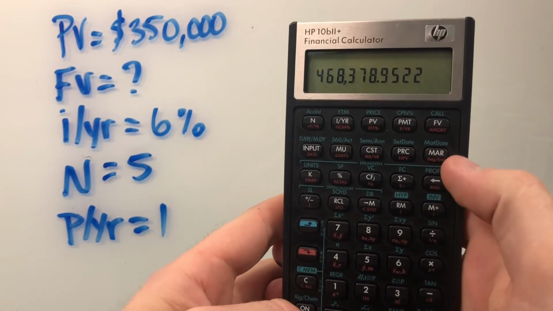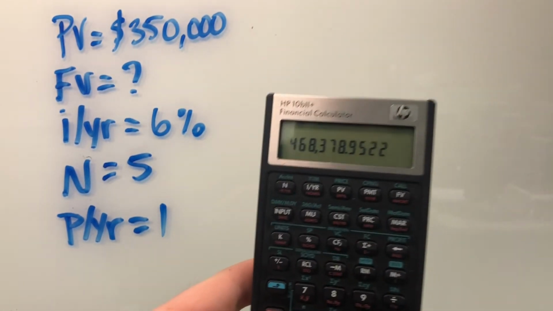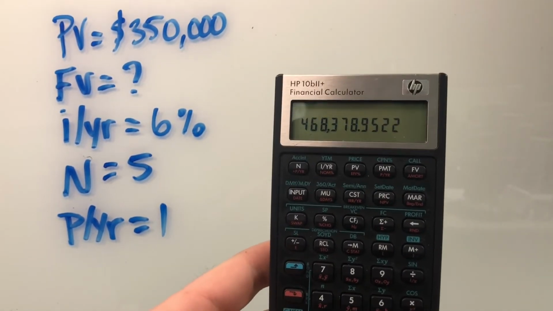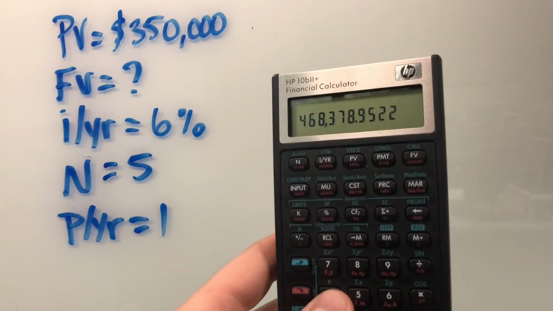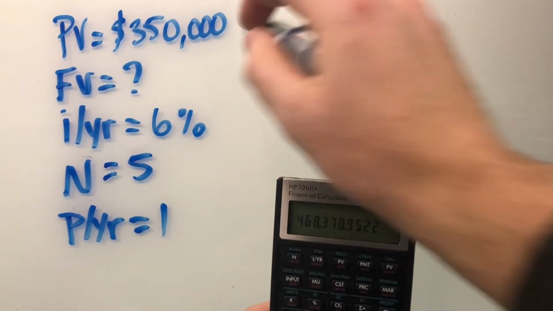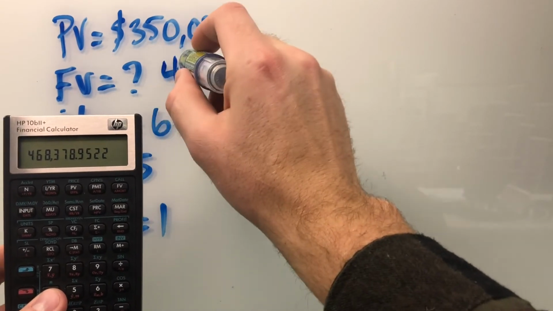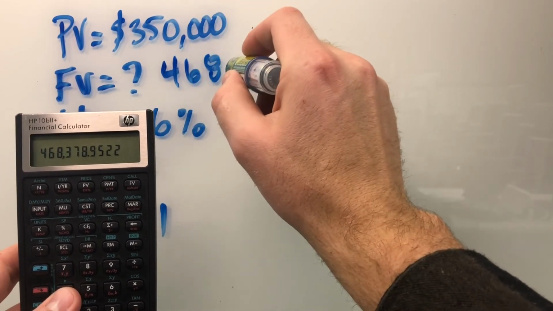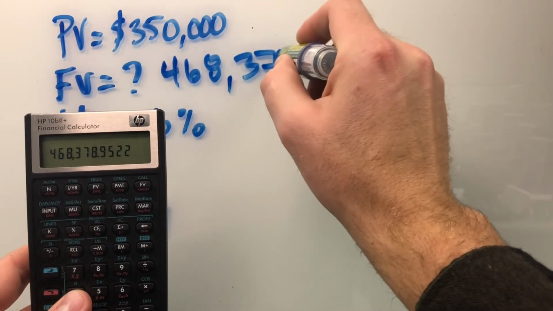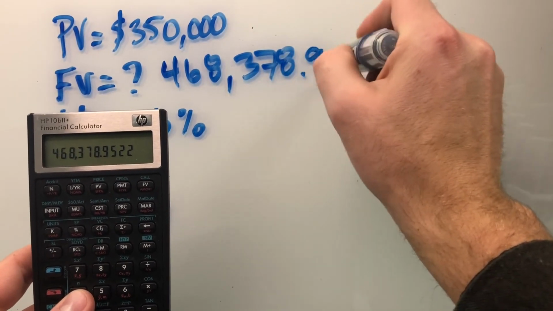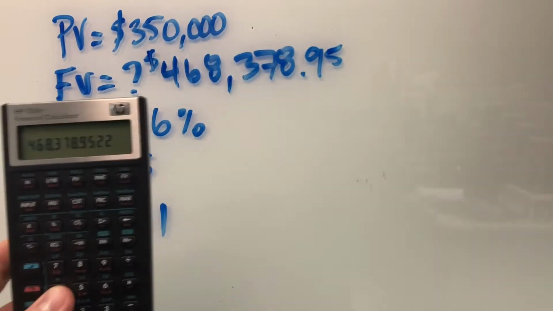We anticipate that our future value of our home in 5 years is 468,378.95. Okay, that's what we anticipate.